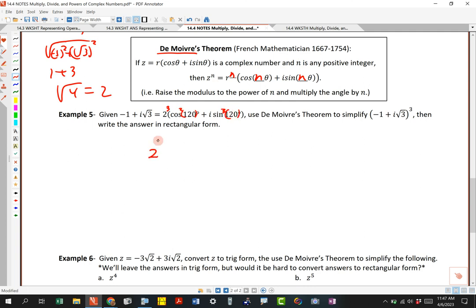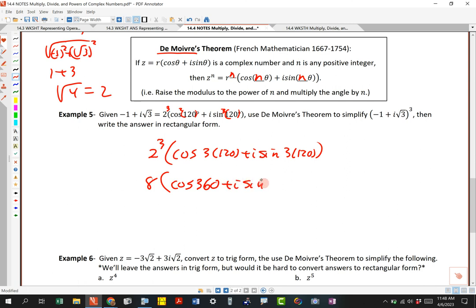So this is going to be 2 to the third, cosine of 3 times 120 plus i sine 3 times 120. So we end up with 8 cosine of 360 plus i sine 360, correct me if I'm wrong. By convention, we don't use the angle 360. We change that to 0 degrees. So this is going to be 8 cosine of 0 plus i sine of 0.